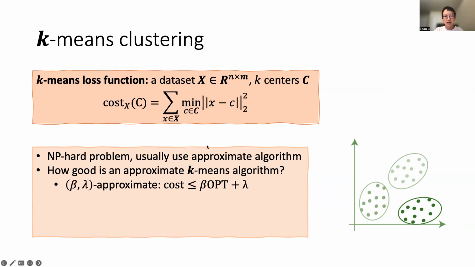It means that the cost of the centers output by this algorithm is at most beta times the optimal cost plus lambda. If we don't consider privacy, many algorithms can ensure lambda to be zero, and only the multiplicative factor is non-zero. However, if we consider enforcing a differentially private k-means algorithm, then lambda has been shown to be unavoidably larger than zero.